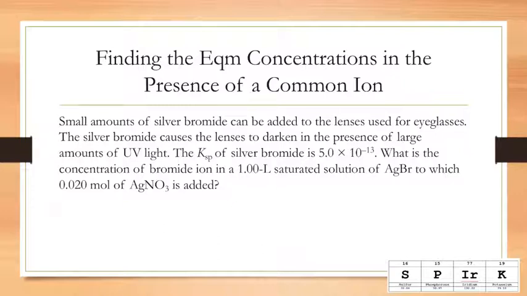So things that we know: the Ksp for this AgBr solution is 5.0 times 10 to the negative 13, and we also know that we are adding 0.020 moles of AgNO3.